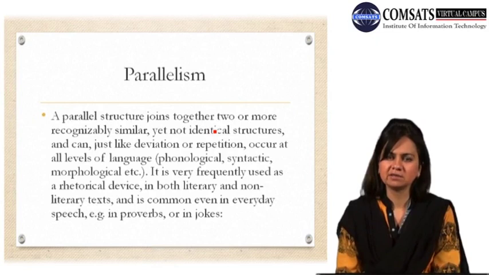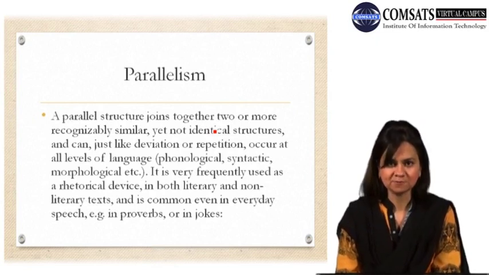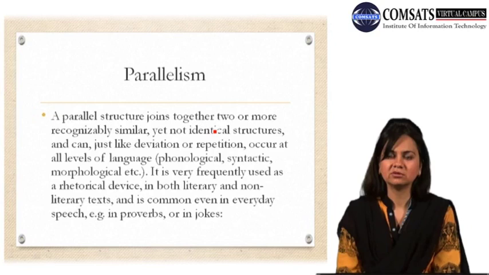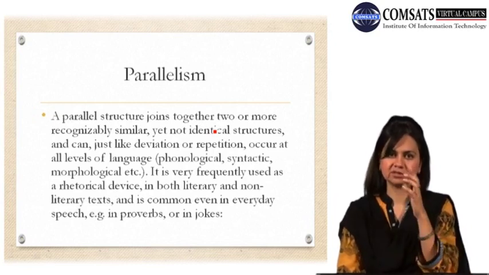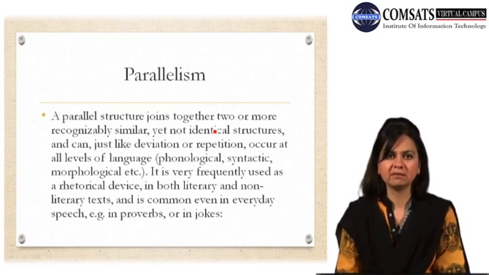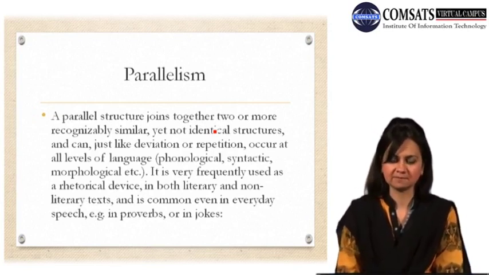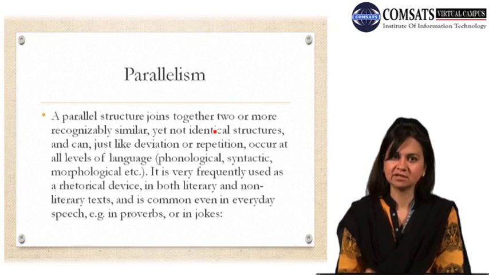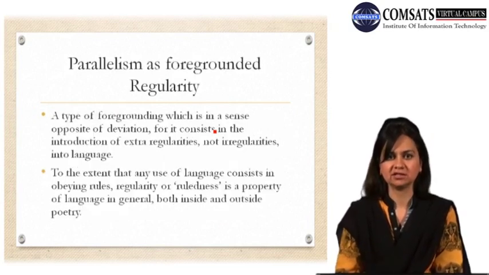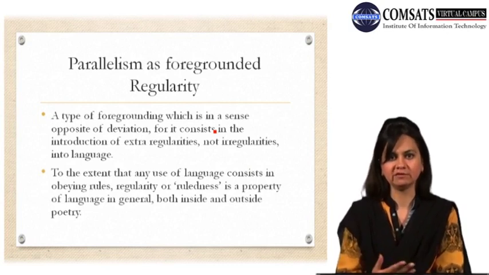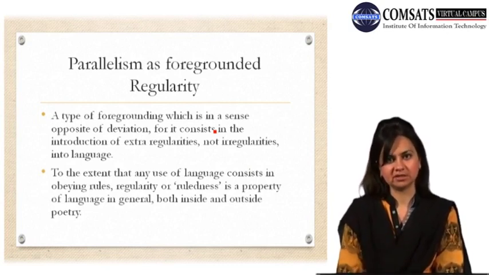And you find parallelism also in tongue twisters too. So look at how common the use of parallelism is, which we might have overlooked, but is so useful in making an impact on the reader or the listener. And that is the deliberate use of foregrounding or automatization. That is a feature of literary writing that is adopted even in non-literary texts and works too.